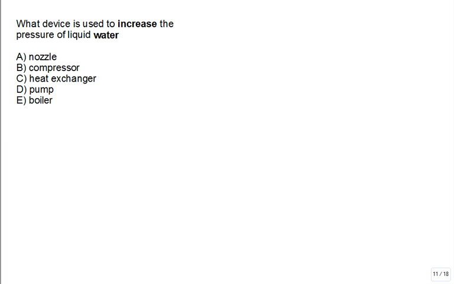Here's another clicker question. So, what is the name of a device that is used to increase, that's a key word, increase the pressure of liquid water? I have a black box. Here's water in, here's water out. Here's water at state 1, here's the water out at state 2.